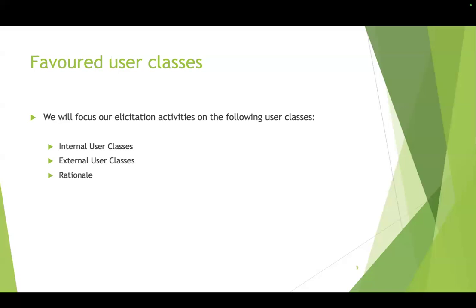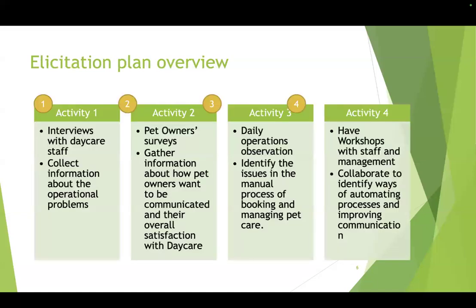Pet owners are the customers who use the service and expect regular updates on their pets. By targeting these two user classes, we ensure that the system meets both operational and customer communication needs. Now I will pass it over to Sahil.